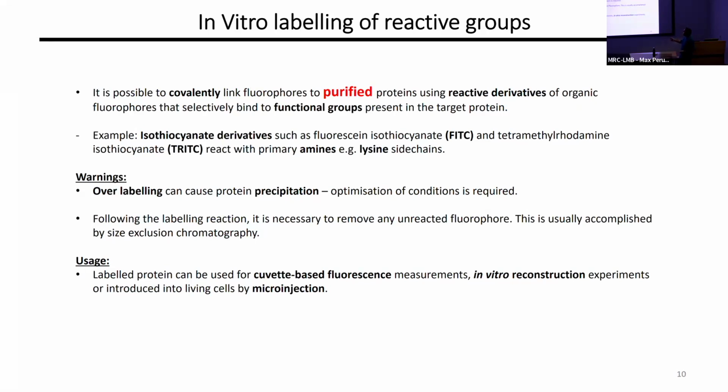Examples of these are FITC and TRITC, molecules that directly bind to your protein and are fluorescent themselves. Of course, this can be based on in vitro assays where you have the protein itself, or you can bind the fluorophore to the protein in vitro and then microinject that inside the cell.